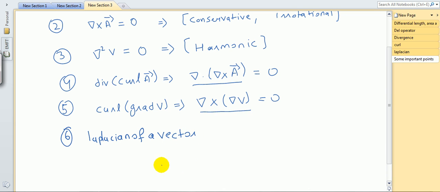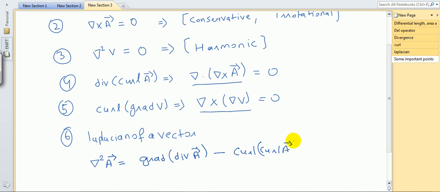If I want to find the Laplacian of a vector, I will write the Laplacian of a vector as del square A. It is basically defined as the gradient of the divergence of a vector minus the curl of the curl of a vector.